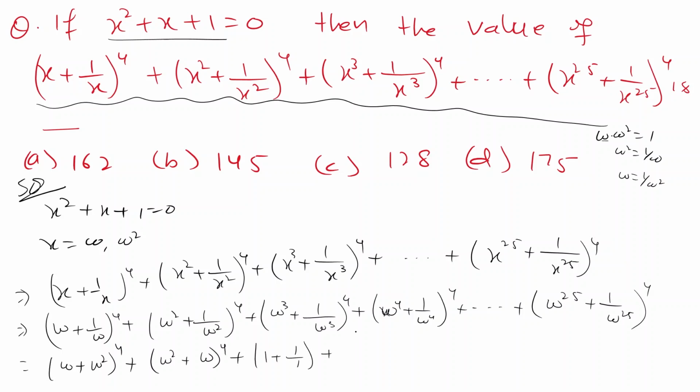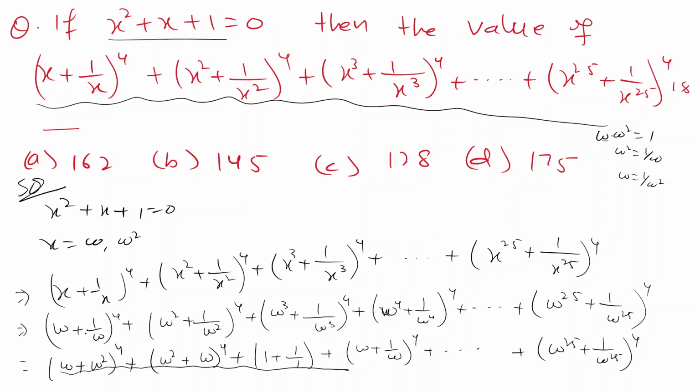Now see, again this will repeat. These three terms repeat again. Why? Because now we have to divide by 3 here. So the remainder is 1 and 1. And there are total 25 such terms: omega to the power 25 and 1 by omega to the power 25, and whole to the power 4. So see, how many times is this whole group going to repeat? Because there are total 25, it repeats 8 times.